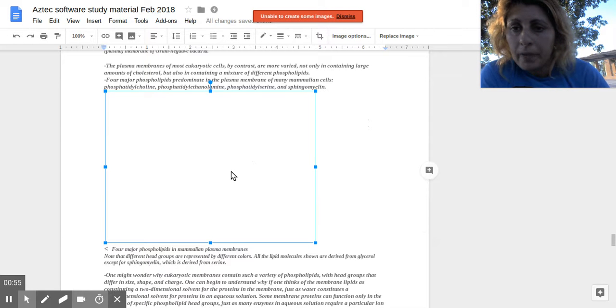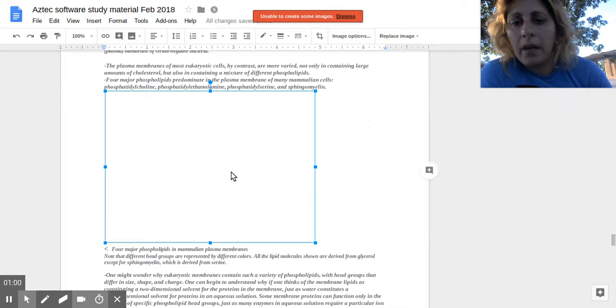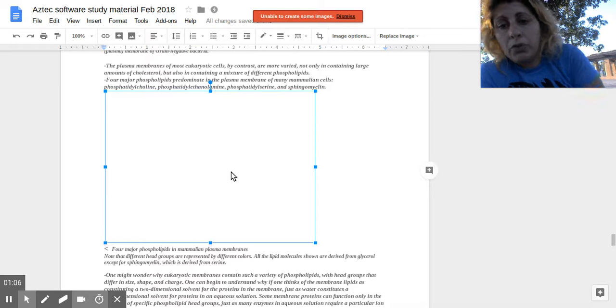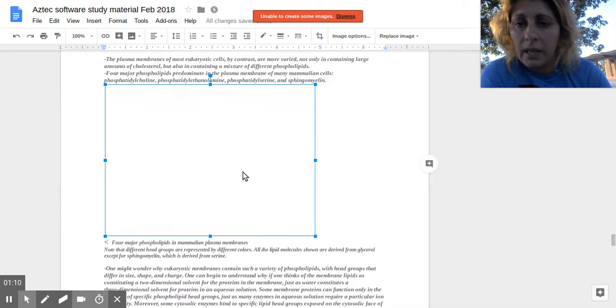So the eukaryotic cells have a varied composition of molecules in their membranes, which contribute to their own rigidity. They have different phospholipids, and they have cholesterol in different and large amounts, which adds to their rigidity.